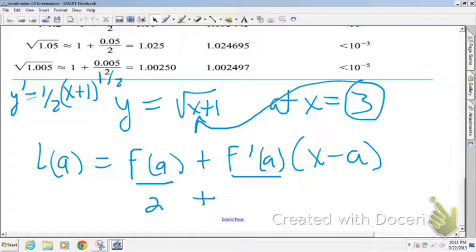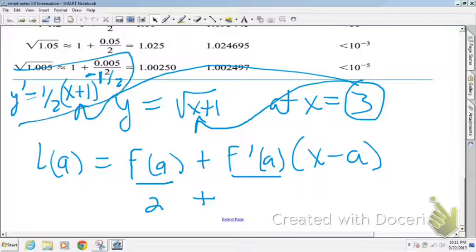So we're rerunning that procedure. If you store 3 into the derivative, 3 plus 1 is 4, and 4 to the negative 1/2 power is 1 over 4 to the half power, which is 1 over 2. So 1/2 times 1/2 is 1/4. So basically the slope ends up being 1/4. The derivative evaluated at A is 1/4. And then times x minus A.